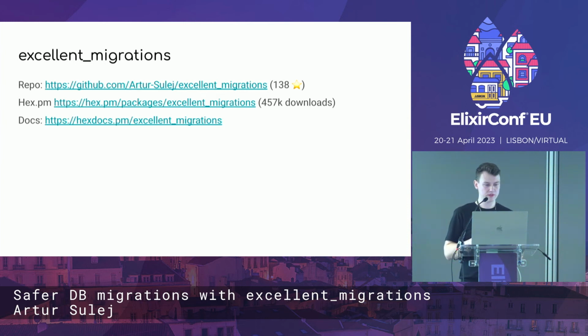And here are some links to the library. First, of course, the repo, hexpm, and the docs with some stats. As far as I know, a couple of companies already use the library. There are some contributors, some pull requests were created, which makes me really happy and thankful to all those people.